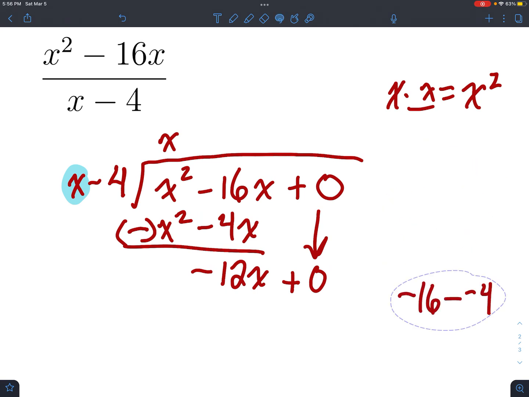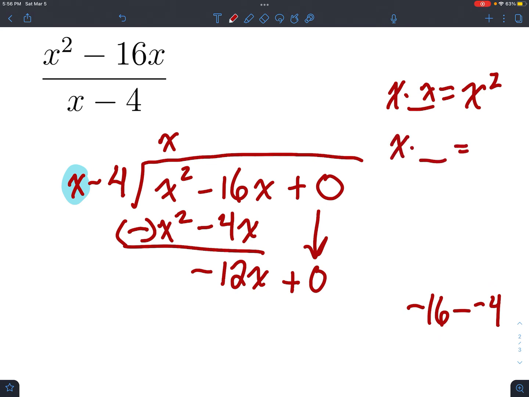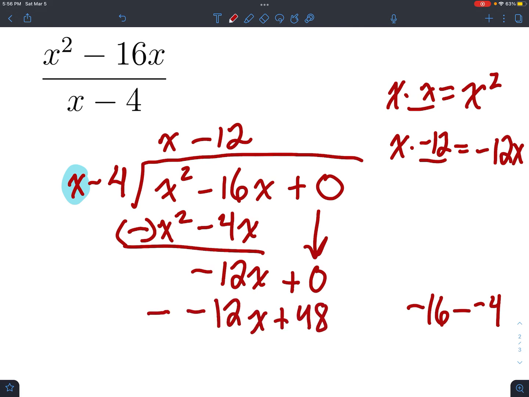How many times does x go into this? So what do you multiply x by to get minus 12x? Minus 12. Okay. Multiply that through. Subtract.